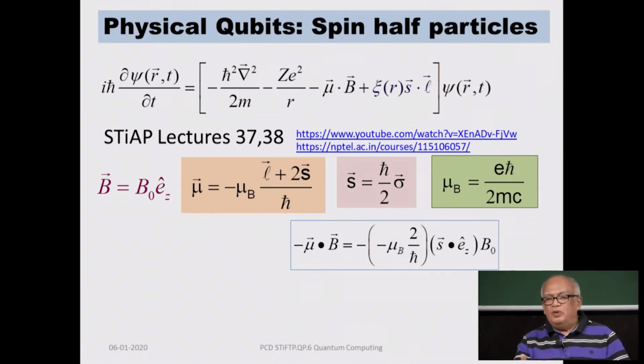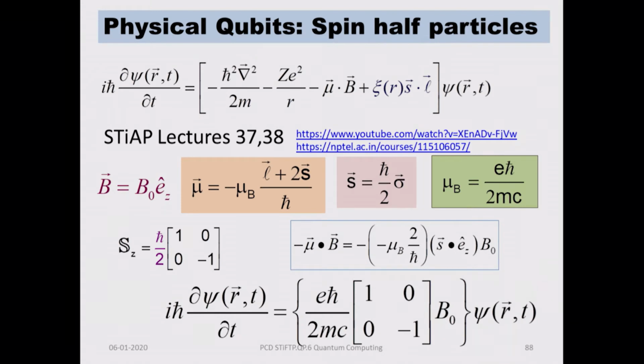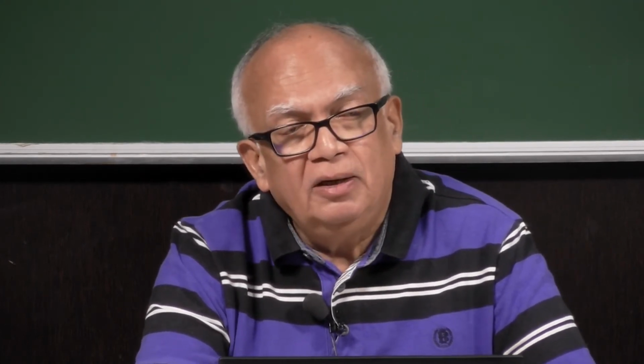S itself is h cross over 2 times the Pauli sigma operator, and therefore you can write this in terms of the Pauli operator, but mind you, the Pauli operator is a 2 by 2 matrix operator. So these are matrix vector operators. They are represented by matrices. So the algebra that you will do will make use of matrix algebra.